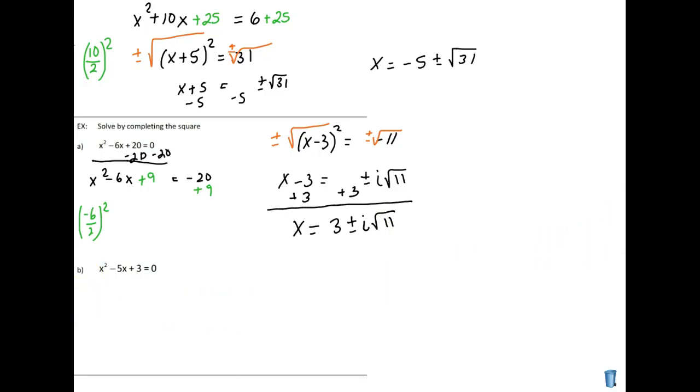One more. On this one, remember I first start by moving my 3 to the other side. So I have x squared minus 5x, and that equals a negative 3. Now I'm going to take half of my b value and square it. So negative 5 halves squared gives me a positive 25 over 4.